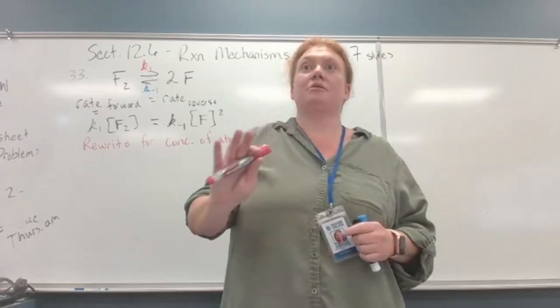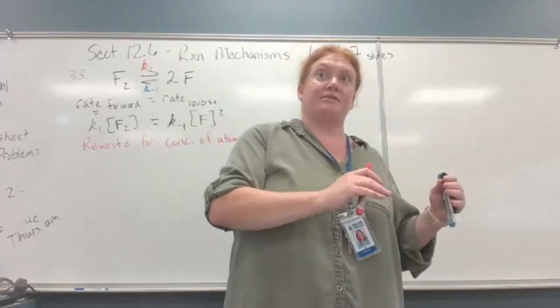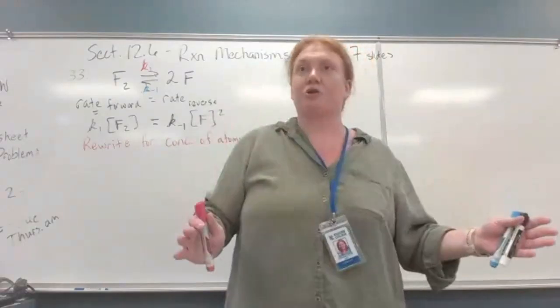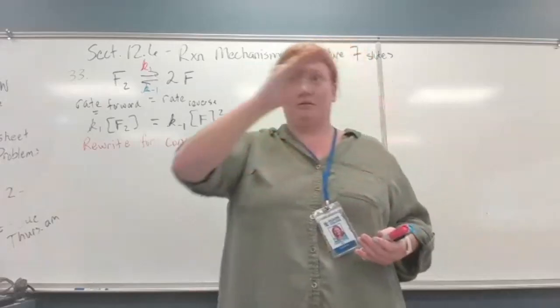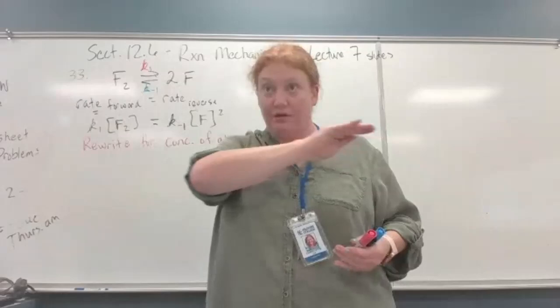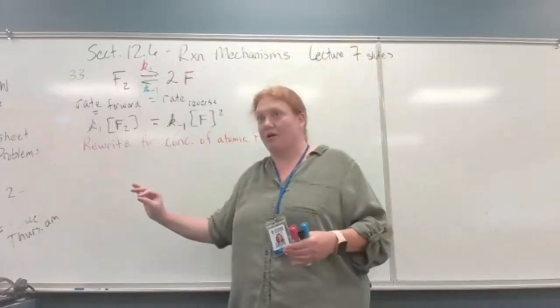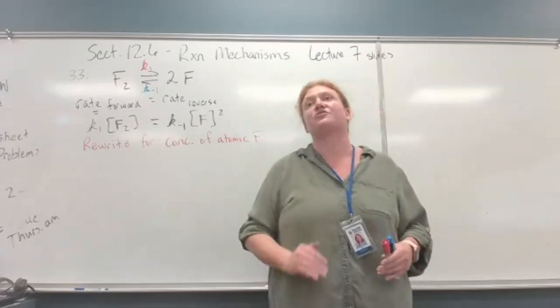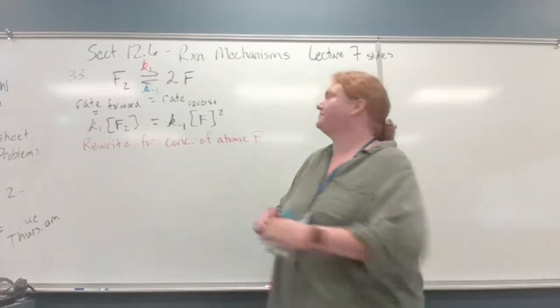Why do we choose the rate determining step to write the proposed rate law for the reaction? Because the rate determining step is the one that slows everything down to the smallest value it can be. You can write one for any step, but which is the one that's actually the best proposal? The slowest step.